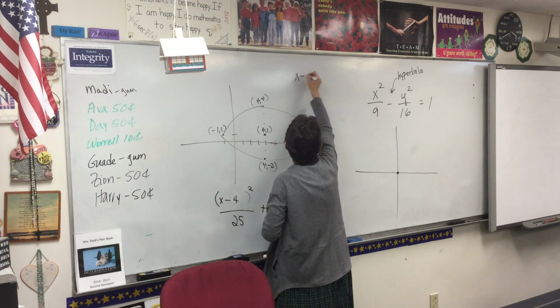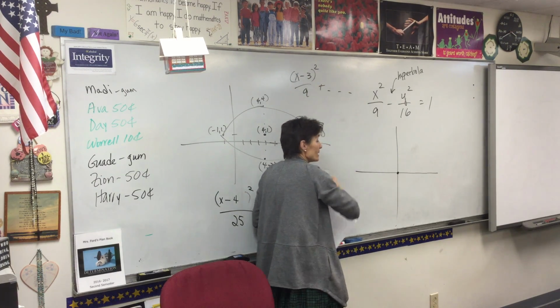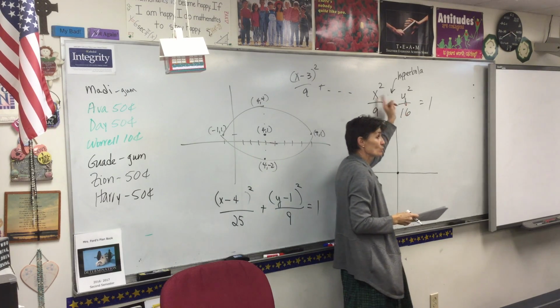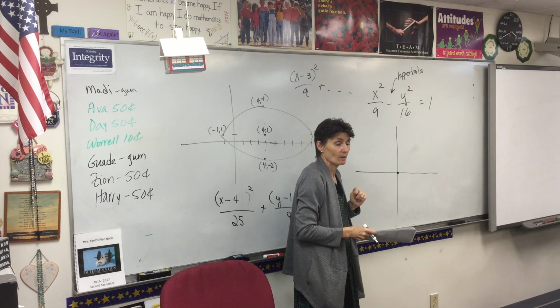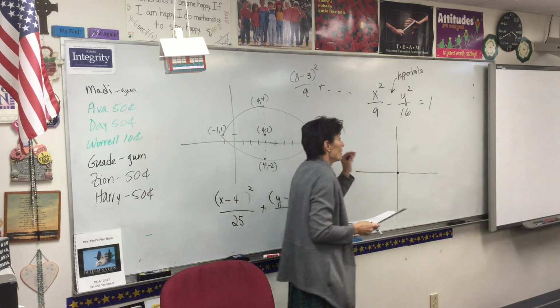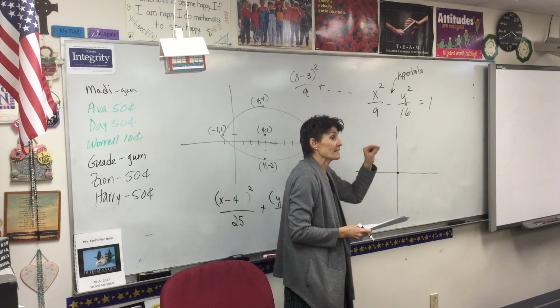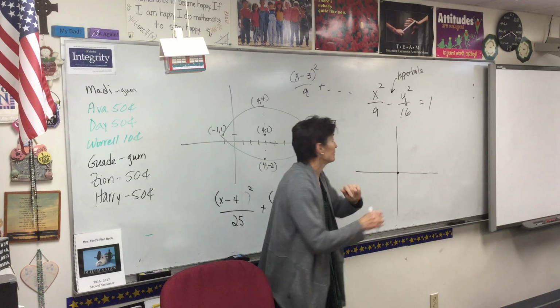It doesn't look like this, right? It's got nothing added or subtracted to it. That tells me it's at the origin, 0, 0. That is the center. That is where we're going to count from. We're starting at the origin.